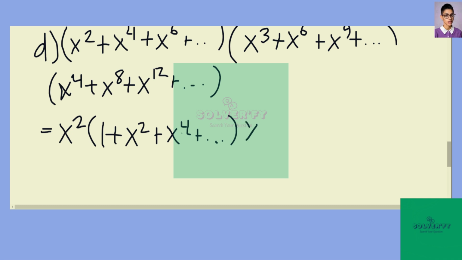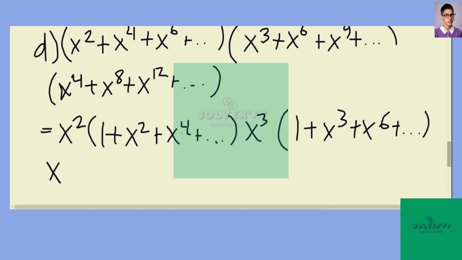and so on. Then factor out an x cubed here, and we get 1 plus x cubed plus x to the 6th, and so on. And then factor out an x to the 4th, and get 1 plus x to the 4th plus x to the 8th, and so on.